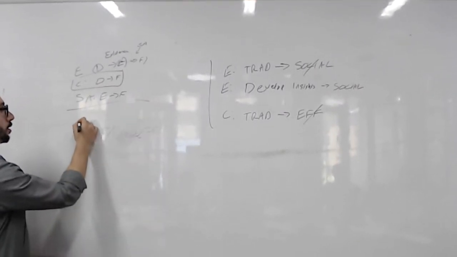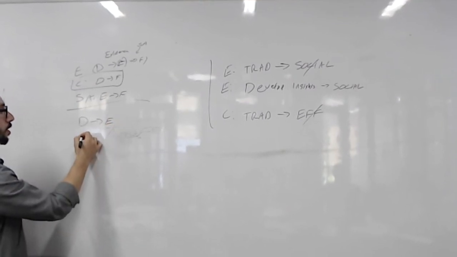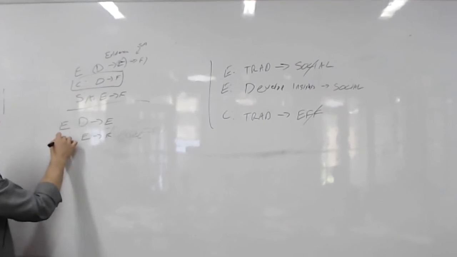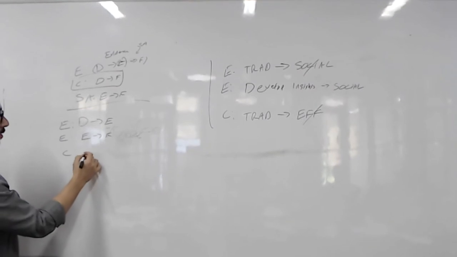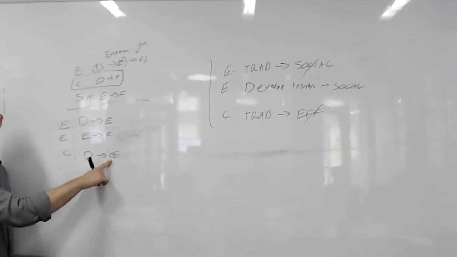Now you can make it more complicated, of course. You could do D requires E, and then E requires F. Then your conclusion is, let's say, D to G, and you're like, well, where did G come from? That's going to be in your sufficient assumption.